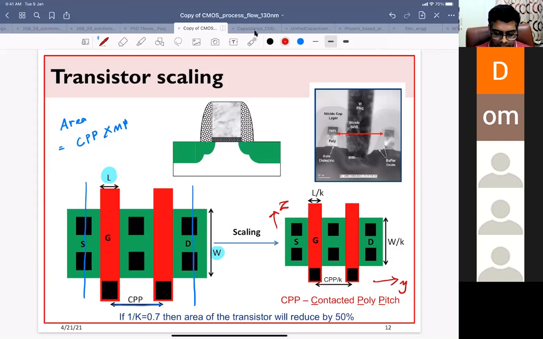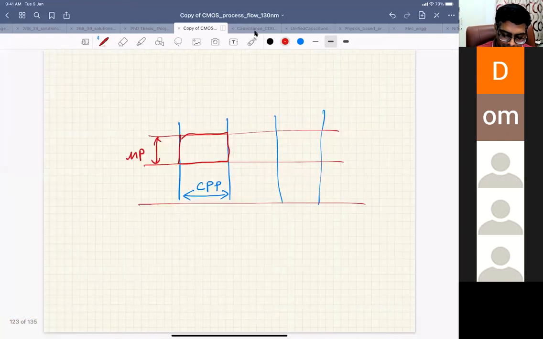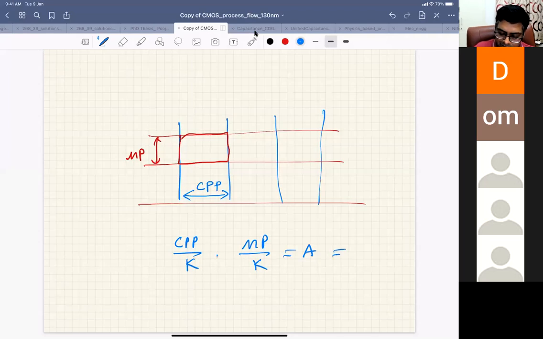So if your width is W, the scaled width becomes W by k, and if your length is L, the new length becomes L by k. This k is the scaling factor. Your poly pitch is reduced by a factor of k, your metal pitch is also reduced by a factor of k, and the new area becomes old area by k squared.